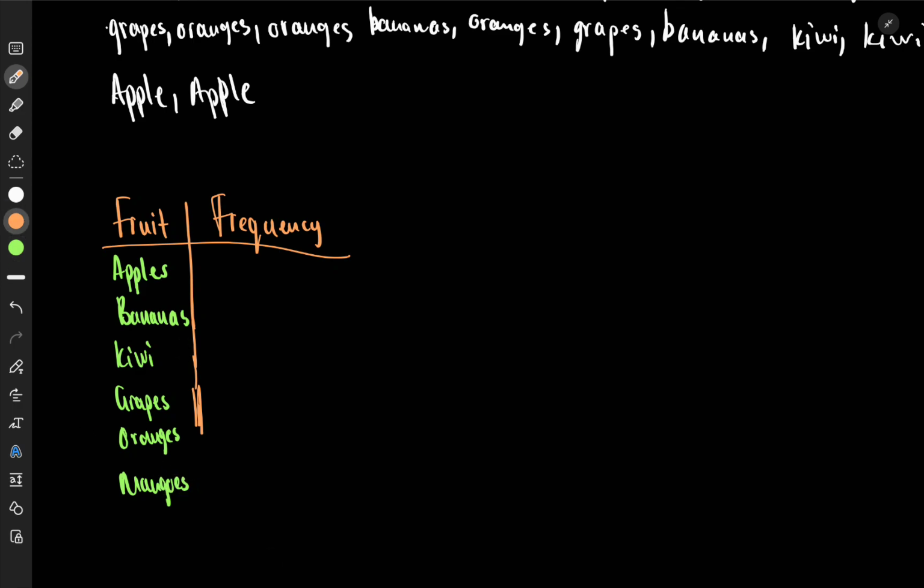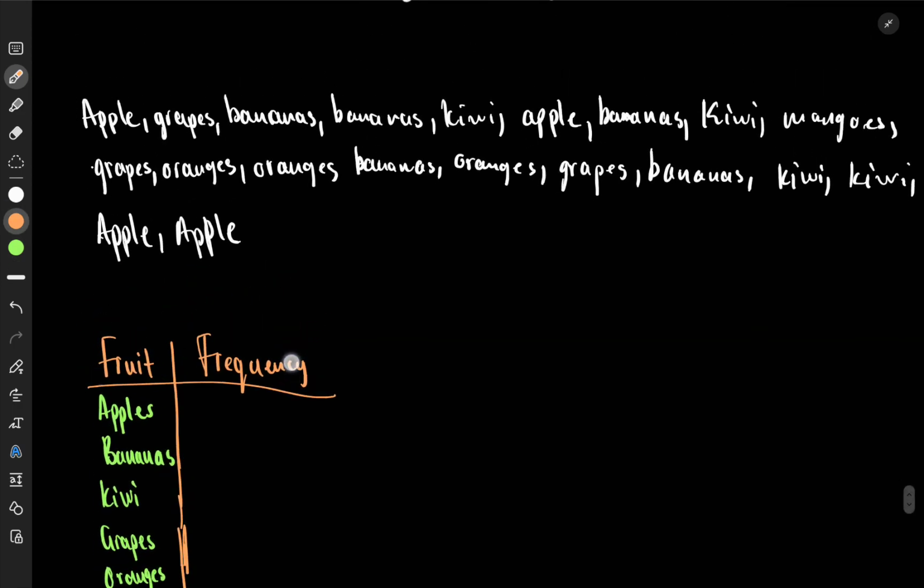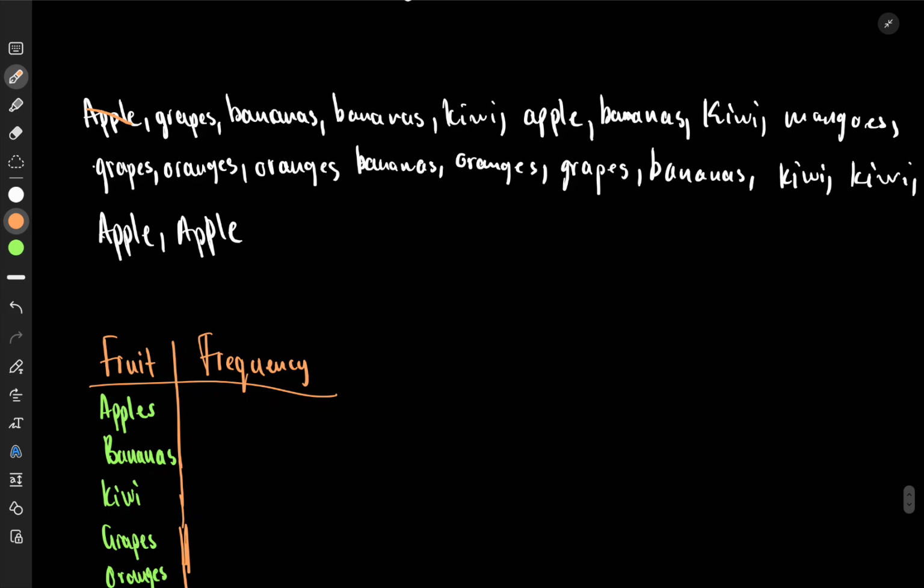So let's see now. What we are going to do is put how many people have apples. We count 1, 2. Keep going. 3, 4. So for apples we have 4. Then for grapes we have 1, 2, 3. For grapes it is 3.